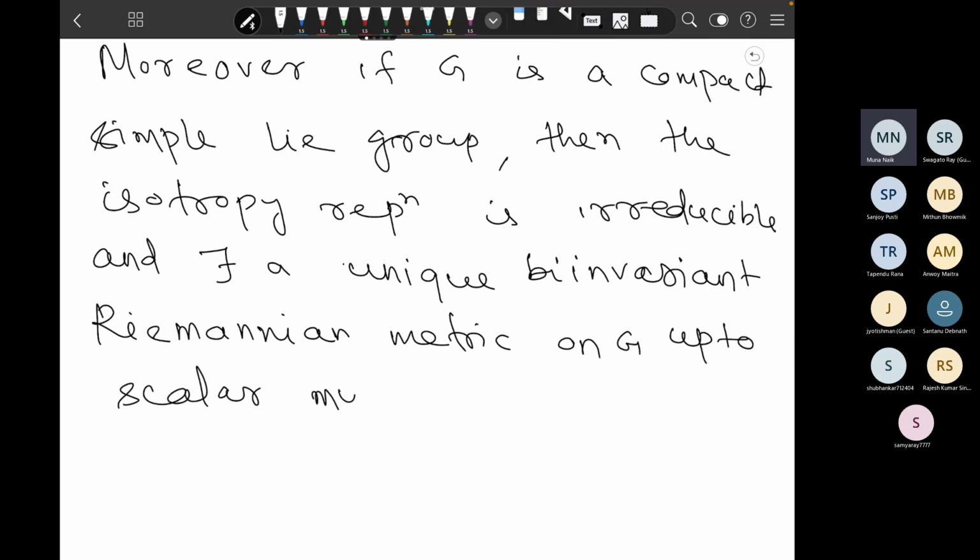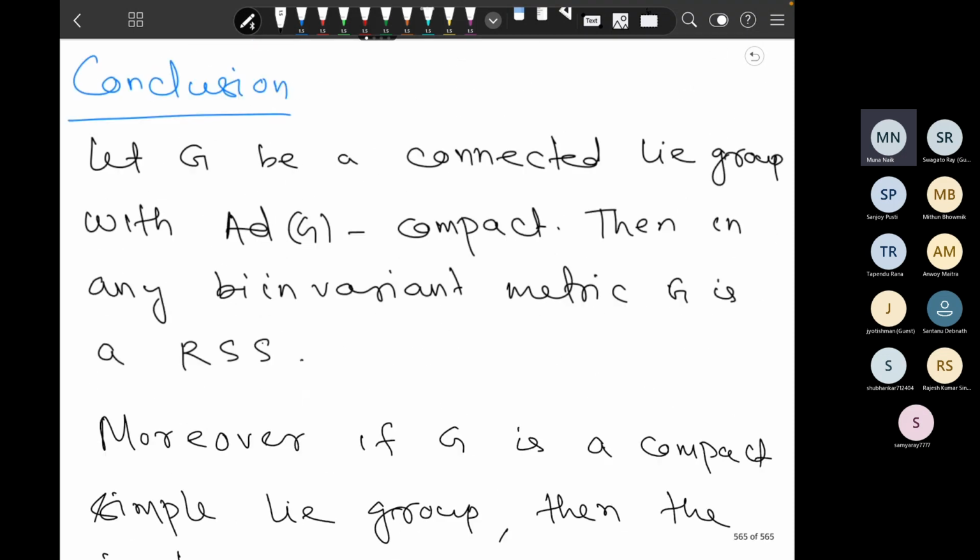Okay, so this is a very important example, compact simple Lie group. We will use, hopefully, this observation later.